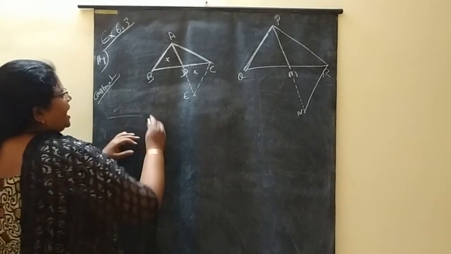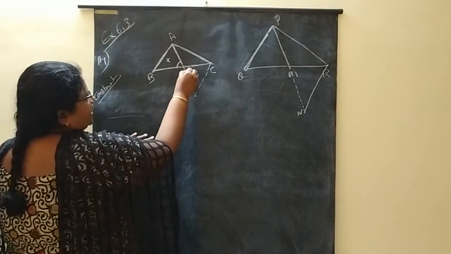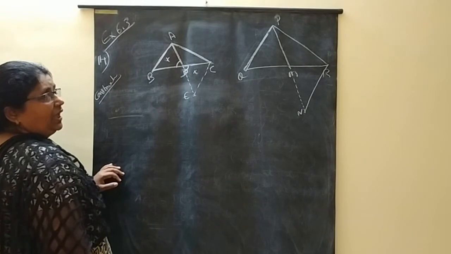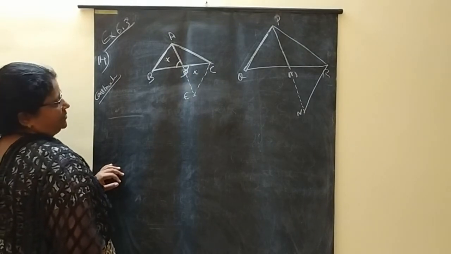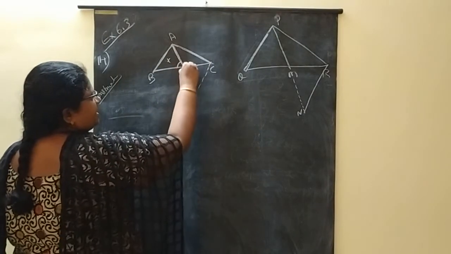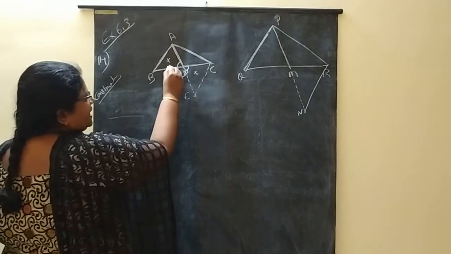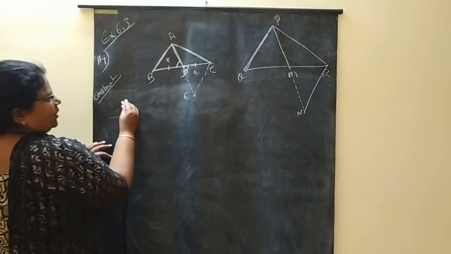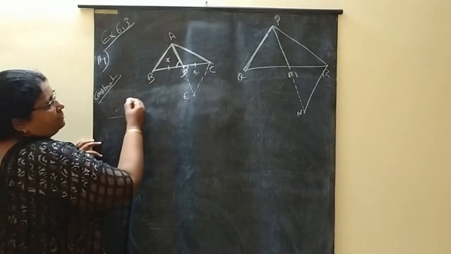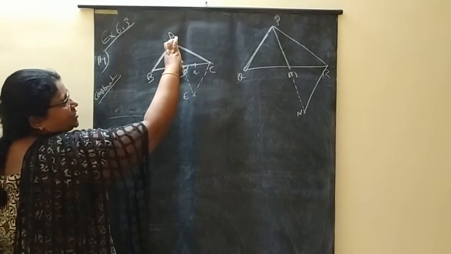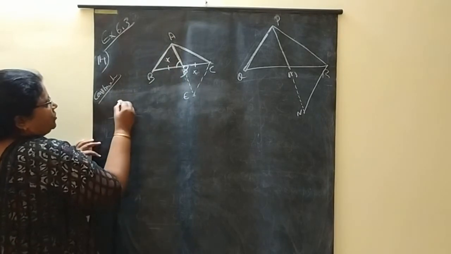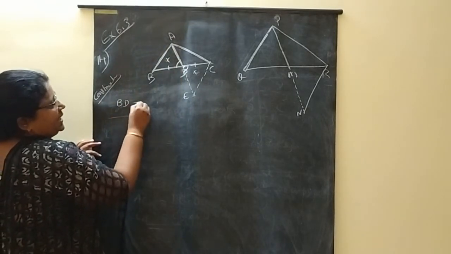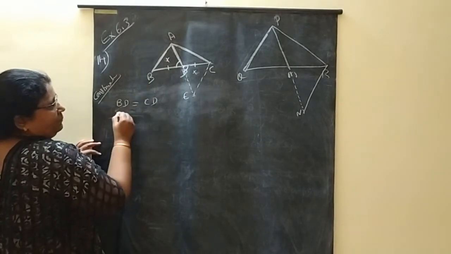What is AD? It is the median. Median means D is the midpoint, so BD is equal to CD.